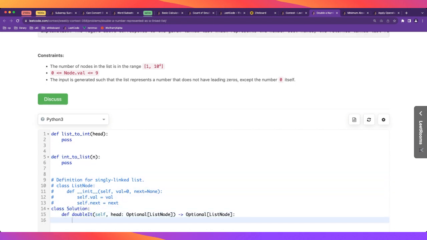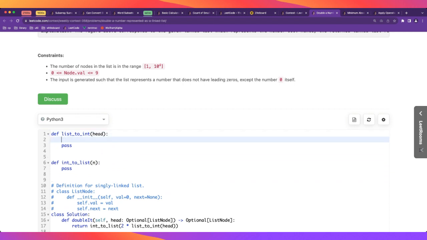And if we imagine that we already have those, we can solve the problem very easily by using list to int of the node, then we just multiply by 2, and then we convert it back into a list. Okay, so that's easy enough.